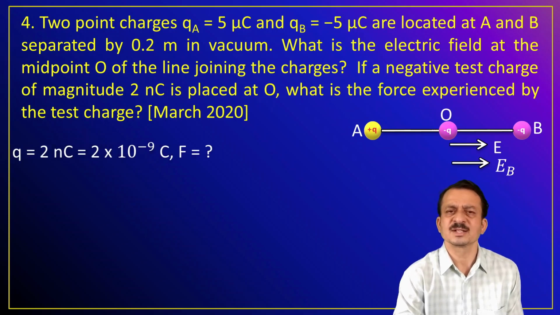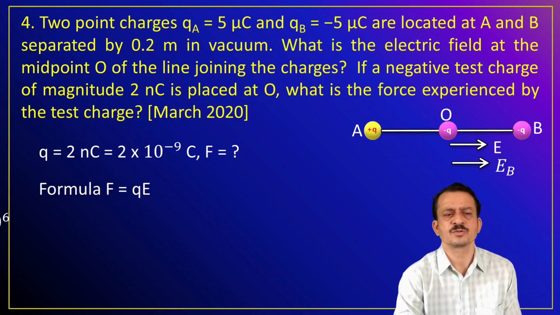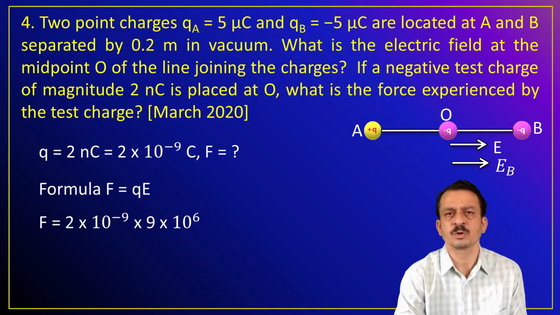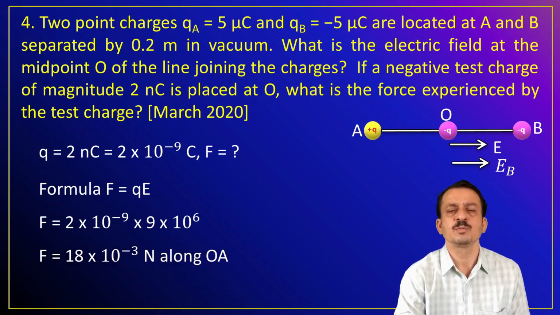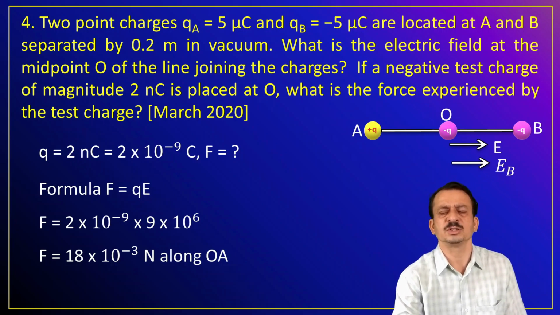That force is given by the simple relation F is equal to Q times E. Write that formula and substitute the values. The charge is 2 × 10 to the power of minus 9, and the field is 9 × 10 to the power of 6. After simplification, you get 18 × 10 to the power of minus 3 newtons. In scientific notation, it is 1.8 × 10 to the power of minus 2 newtons.